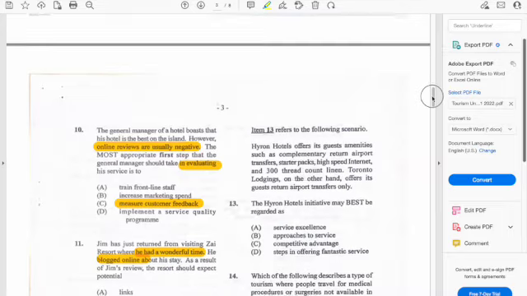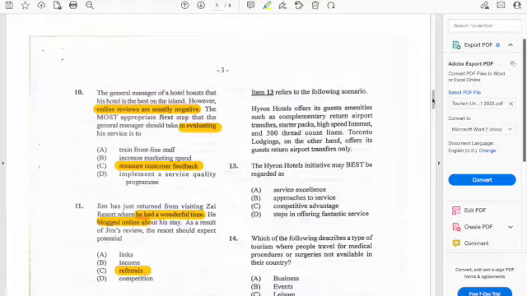Now, High Run Hotels offers its guests amenities such as complimentary return airport transfer, starter packs, high-speed internet, and 300 thread count linen.